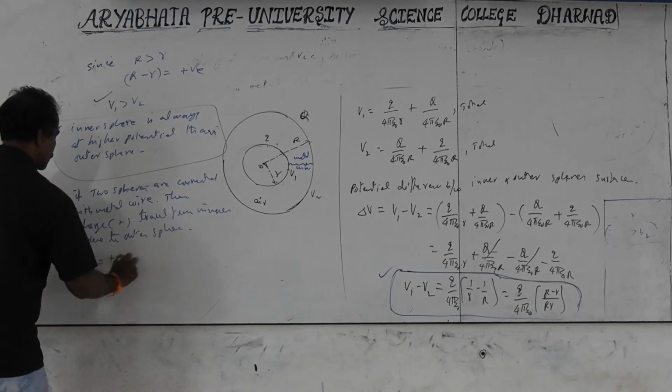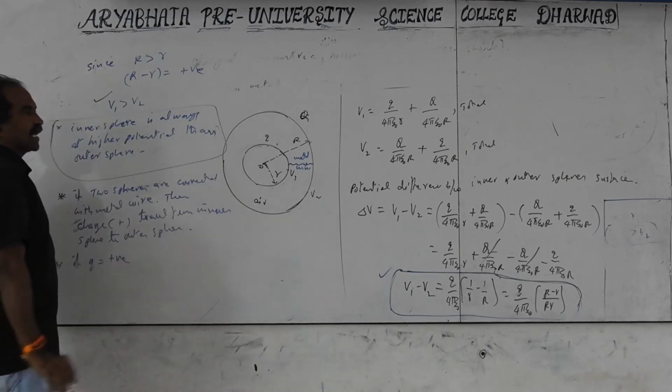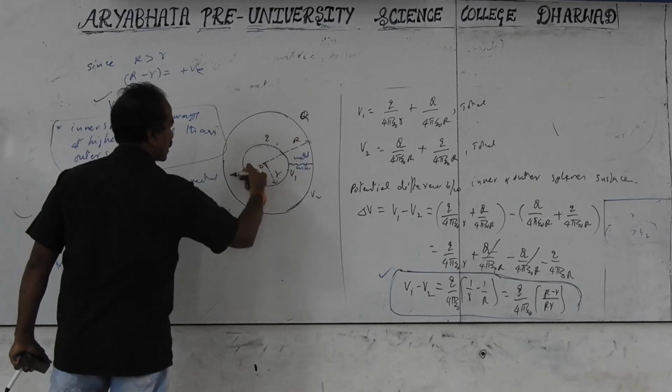If q is positive and capital Q is also positive, you can take a negative one with it. But whatever the charge is, if it is negative, the reverse happens.